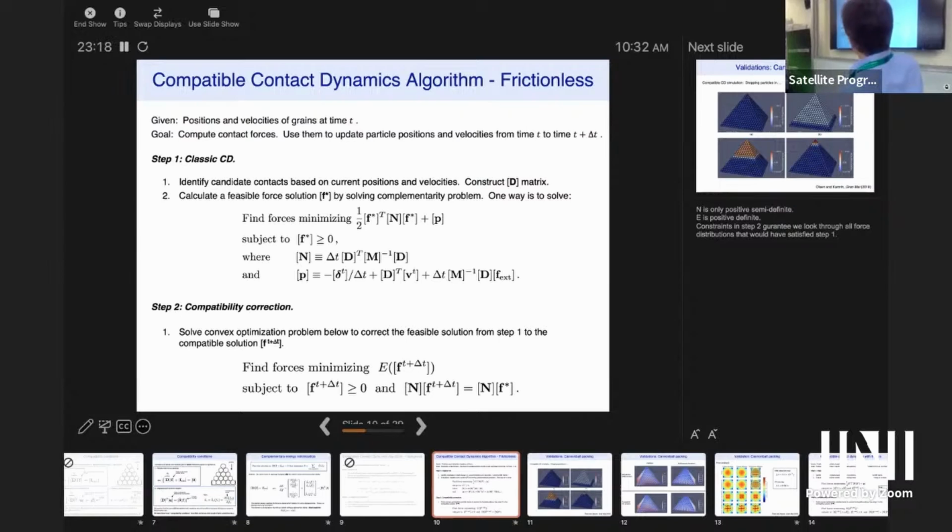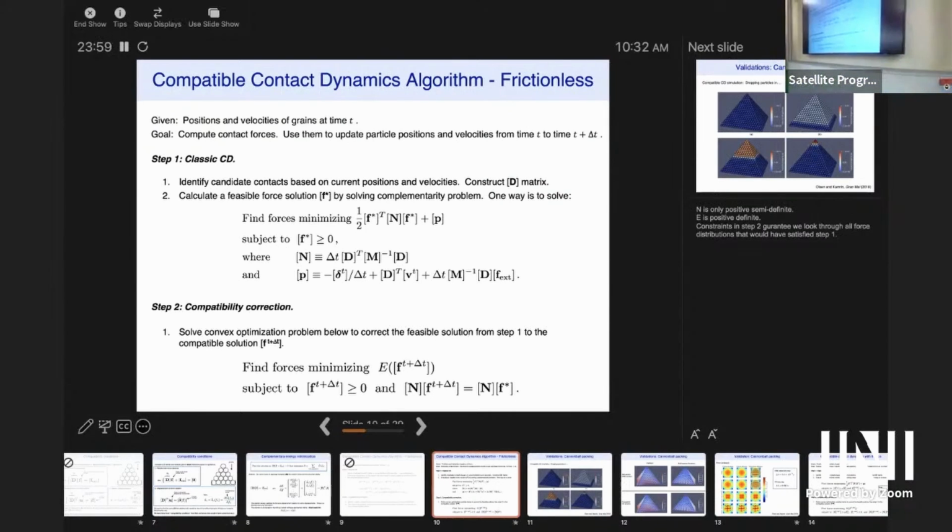The actual answer, the one that truly updates you at the next time step, is the one that minimizes the complementary energy of the system, subject to not violating forces being negative, and to giving the same answer you would have gotten up here. This condition guarantees I'm only looking at forces that would have given me the same objective function. Every solution that balances forces has to give me the same objective function. So this says live in the space of everything that would balance force, and of those, find me the one that minimizes the energy. There it is.